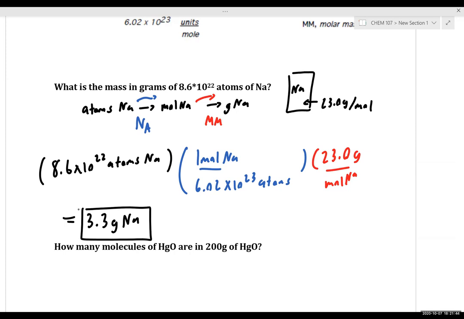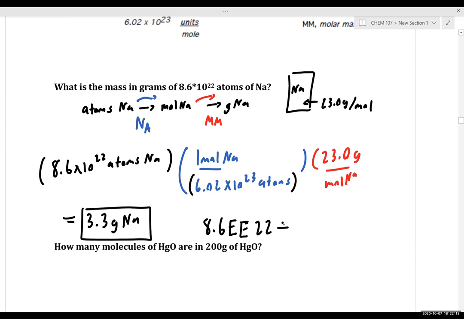Professor, when we're doing it in the calculator, do we use that same formula that we had put previously, as far as how we enter the EE? Yep, so if you're entering this into your calculator, you'd enter 8.6, then you'd hit the EE button, then enter 22.